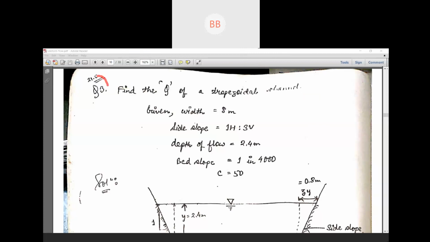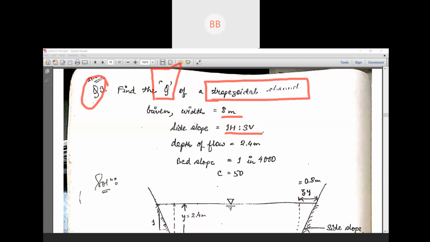Next numerical, number 3. We need to find out the discharge of a trapezoidal channel. So this time our channel section is trapezoidal. Given is width 8 meter, side slope 1 horizontal to 3 vertical.